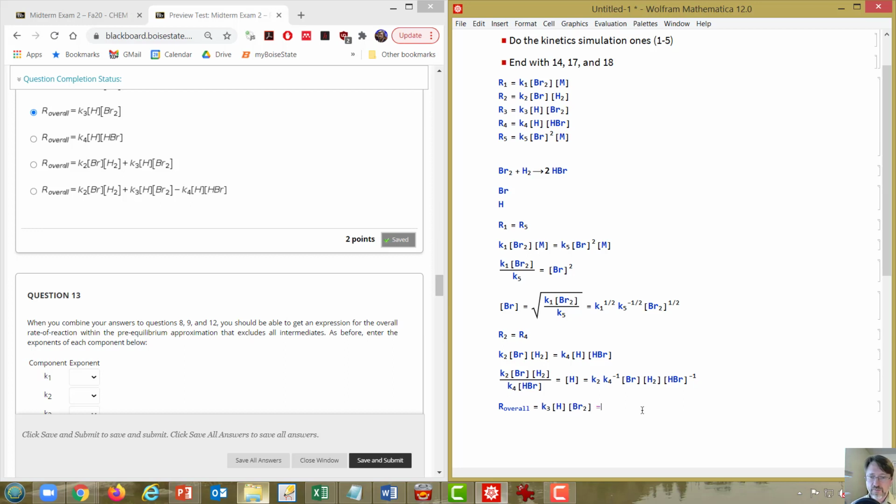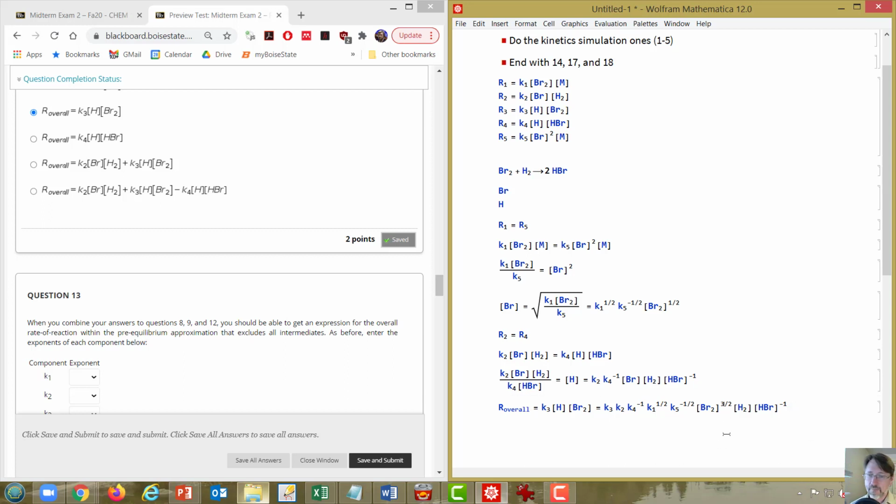We know that H is one of them, so I'm going to plug in the expression we have for the concentration of H right here. We have Br, so we need to include the concentration of Br right here, like so. And so let's see, we have 1, 2, 3, 4, 5, none of those combined because they're all different. We do have Br2 and Br2 here, so we can combine those to make it Br2 to the 3/2.